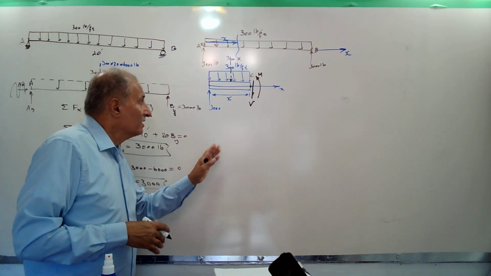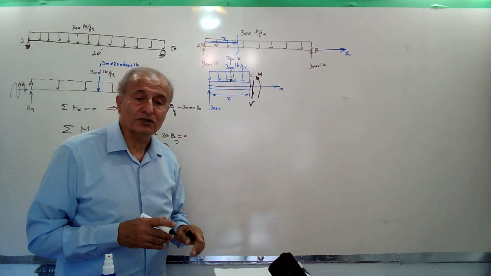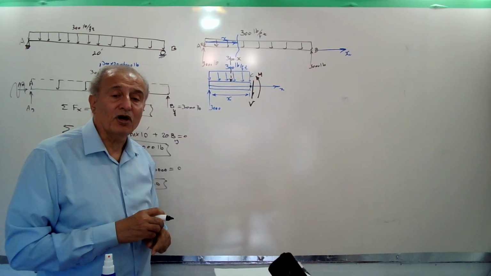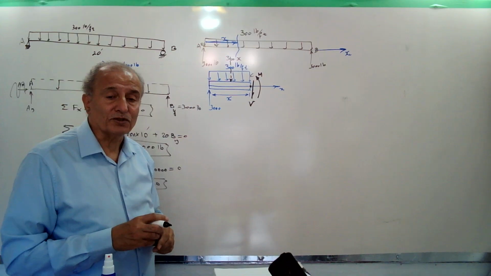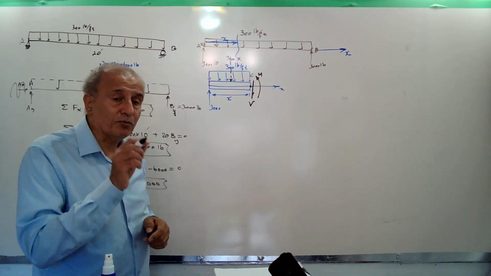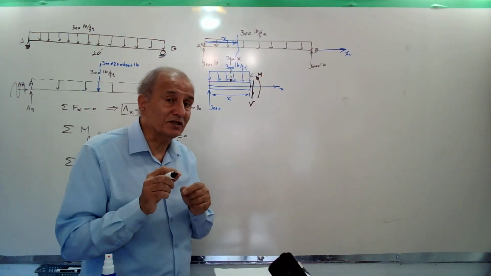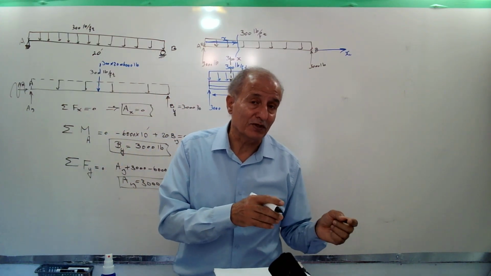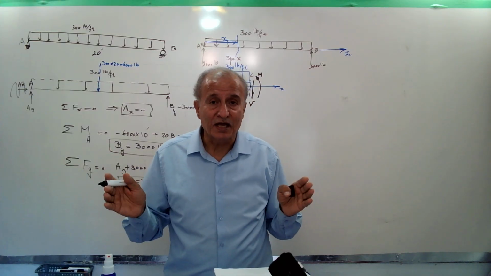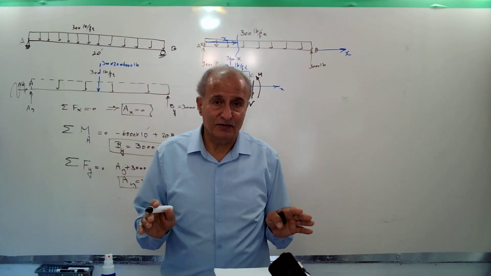Then for drawing the shear force diagram, we considered again the same beam subjected to a uniform distributed load. We consider a portion of the beam, because, as I said in the previous video, the loading condition doesn't change from the first to the end, so one cut is enough.